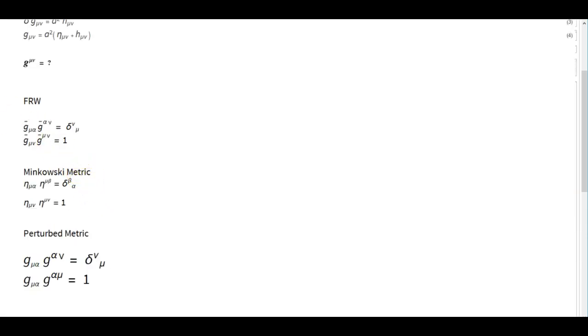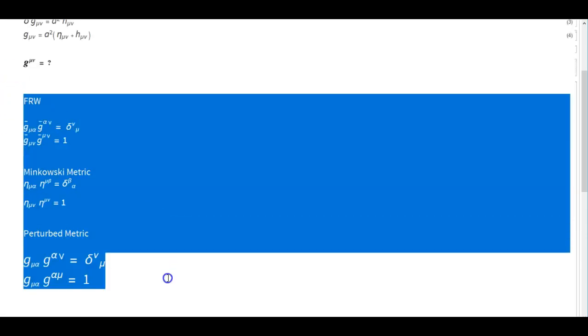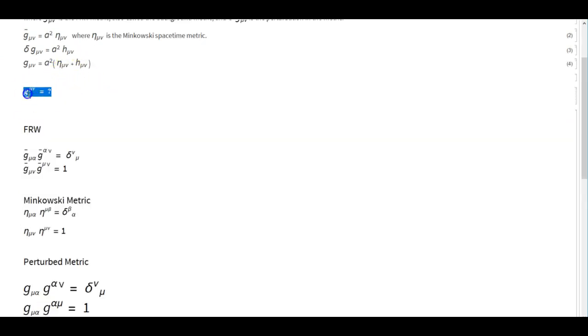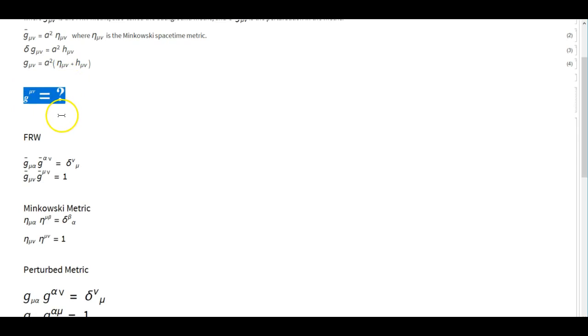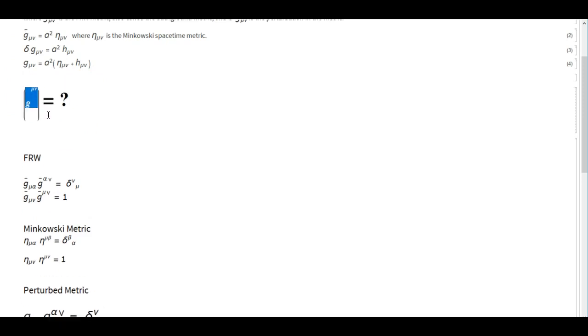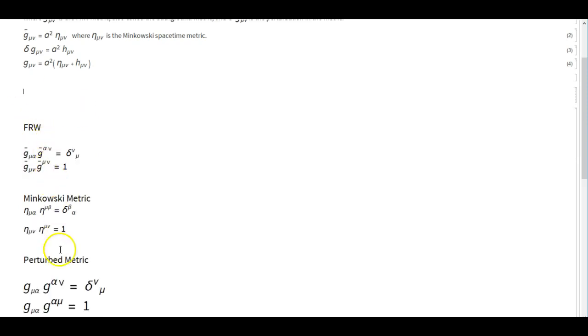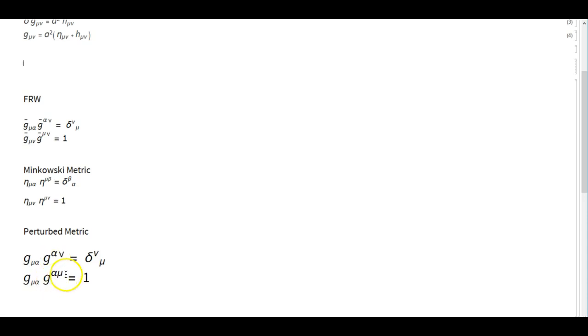So starting with this knowledge, now we are going to construct this thing. This is Mathematica. Sometimes it's so funny. This is what I want.